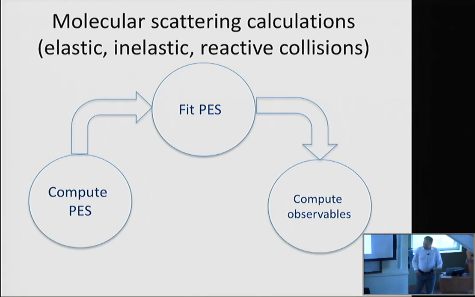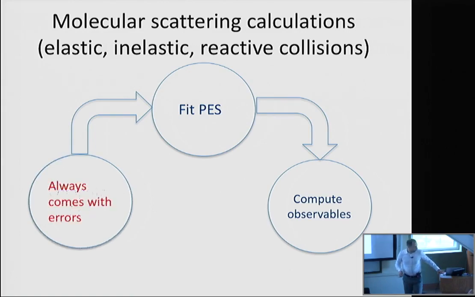And there are also problems with each of the steps depicted here. The potential energy surface calculations always come with errors. A lot of times these are unknown errors. We had a debate about this yesterday, and these errors propagate throughout this process, and a lot of times they affect the dynamical observables in a way that we don't know.